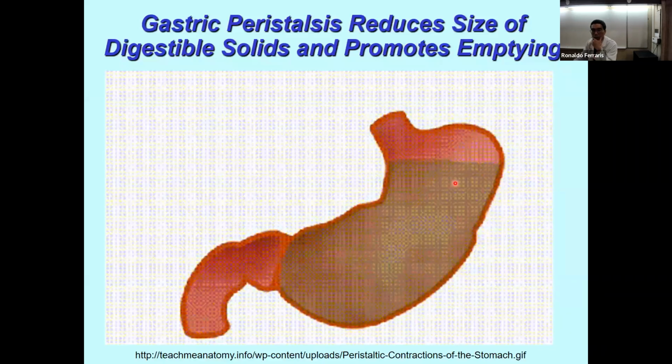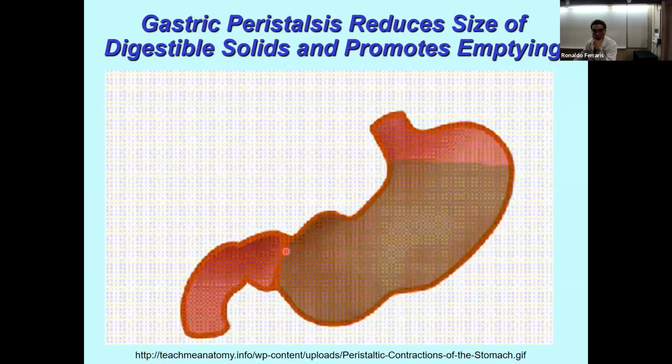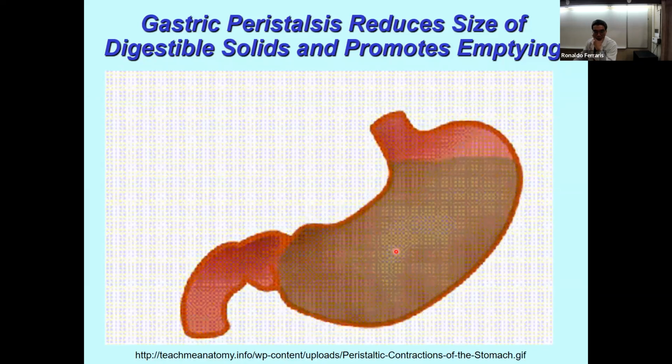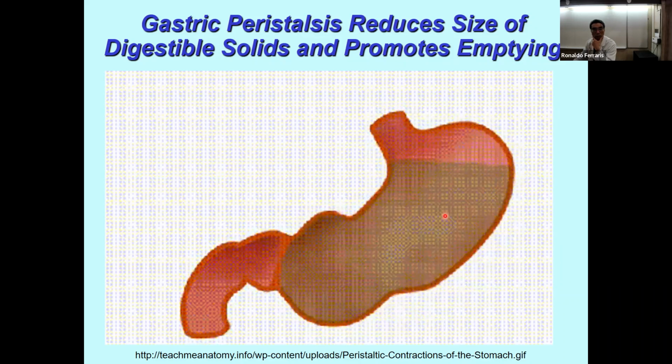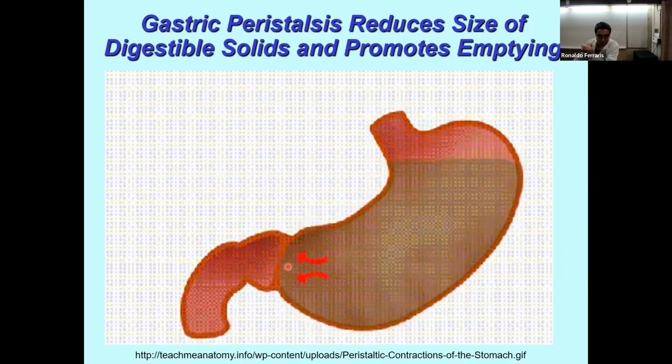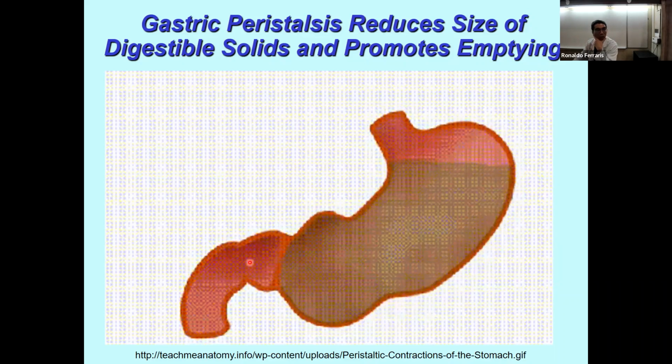And essentially, this is what happens. If the pyloric sphincter is closed, then you actually have mechanical digestion going on. And as you can see in this GIF, there is a tiny squirt going through the pyloric sphincter.